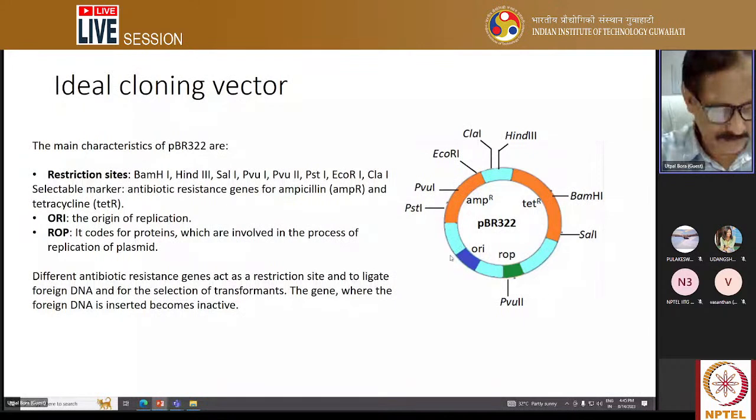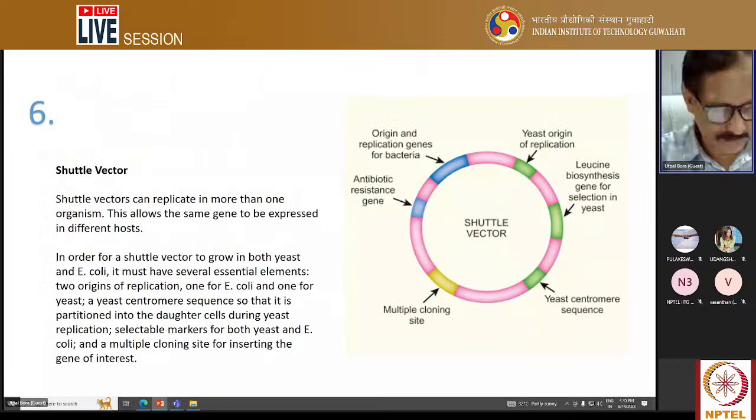Without this origin of replication, it will not be self-replicative. We refer to antibiotic resistance, which helps in the selection process, and also multiple restriction sites. So these multiple restriction sites give us the freedom to work with any available restriction enzyme in the laboratory.